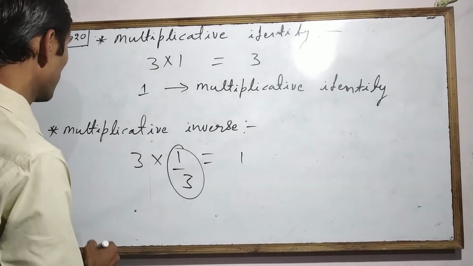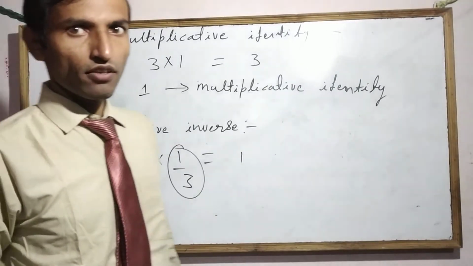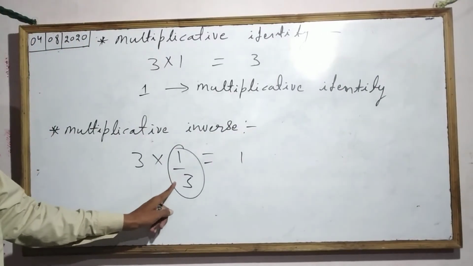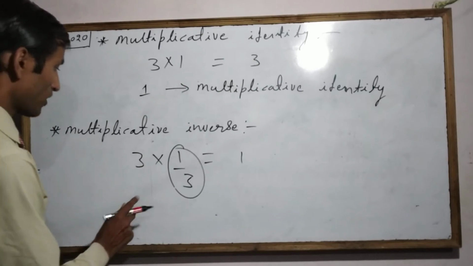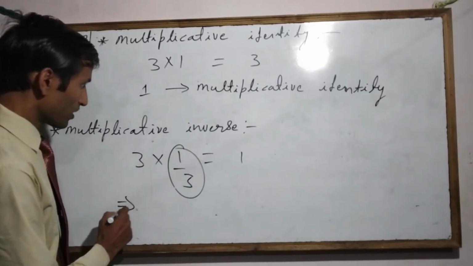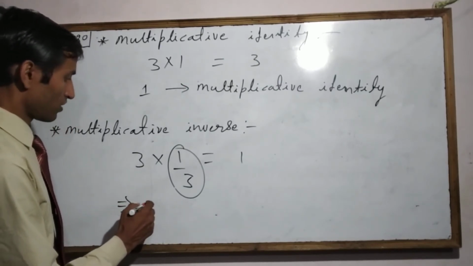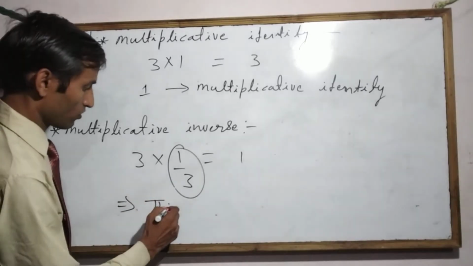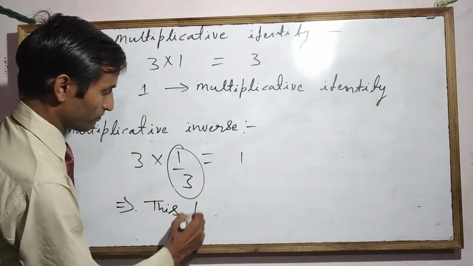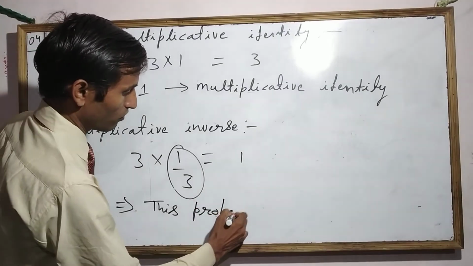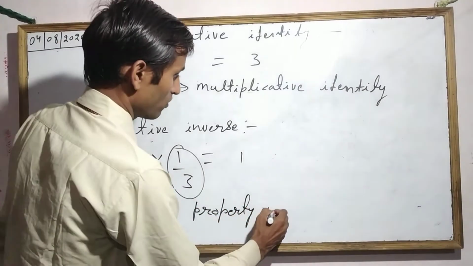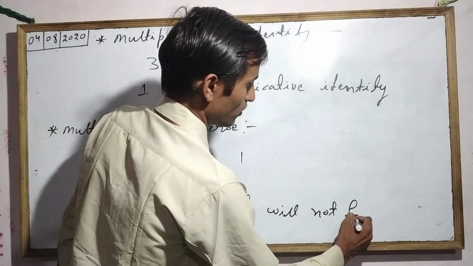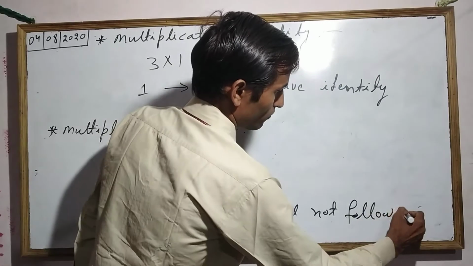So for integers, multiplicative inverse does not follow because it is not an integer. So just write down here: multiplicative inverse does not exist for integers. This property will not follow in integers.